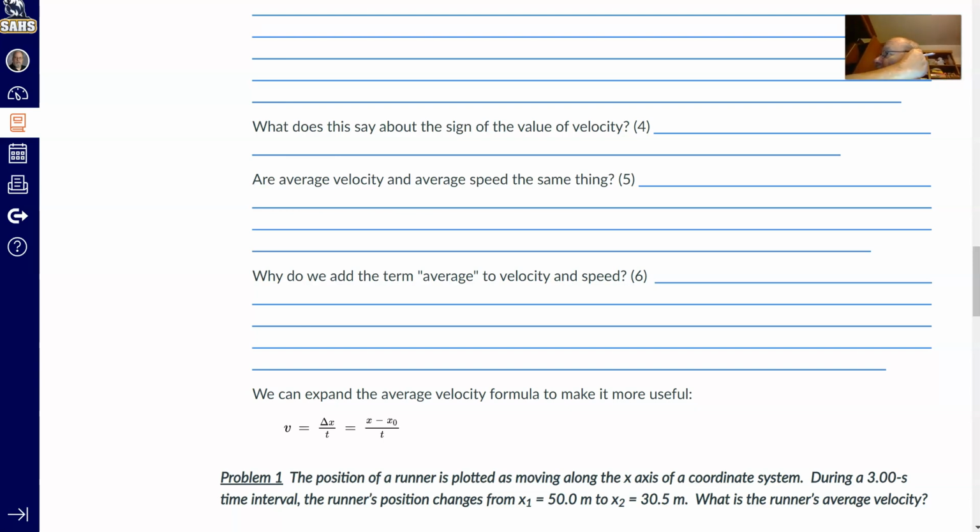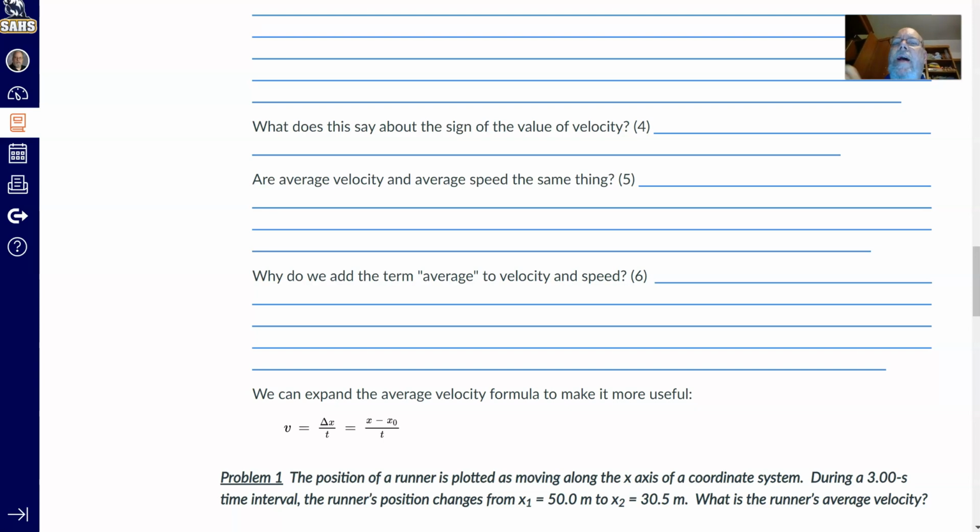And right now, all we can use to describe motion is just the velocity, and I don't know whether I'm speeding up or slowing down during that motion. So all I can do to figure out how fast I went along a path is take the total distance or the total displacement and divide it by the total amount of time.